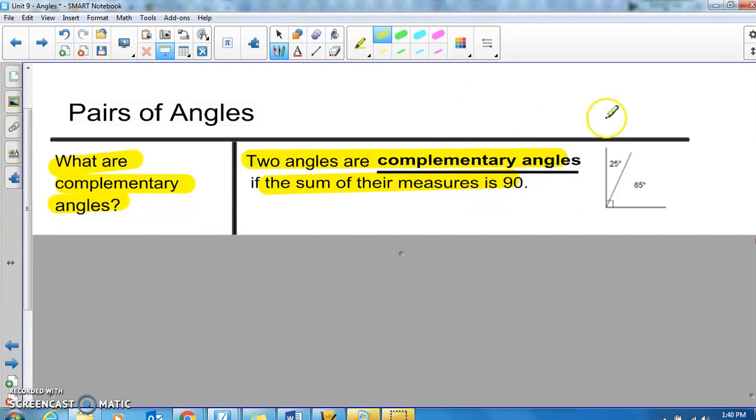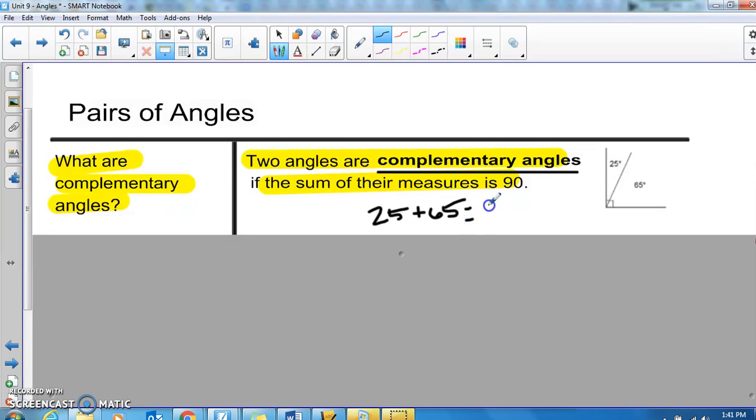So if you look over here at this example, I have this right angle, as we can see based on that little square. Then I've divided this right angle up into two smaller angles. This one is 25 degrees, that one is 65 degrees. This angle that measures 25 degrees, when added to the measure of the other angle, which is 65, gives you 90 degrees.